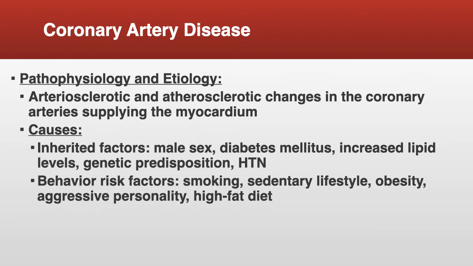You have some behavior risk factors that can lead to that CAD, such as smoking, a sedentary lifestyle, obesity, that aggressive or angry personality, that angry behavior, and a high fat diet. So, regular exercise, managing stress, and checking those cholesterol levels are just ways to modify or take control of that coronary artery disease.